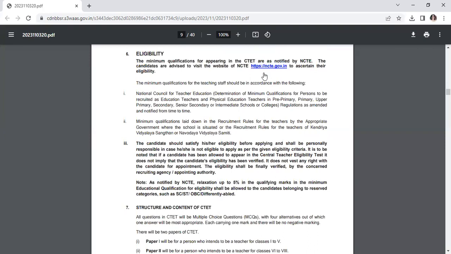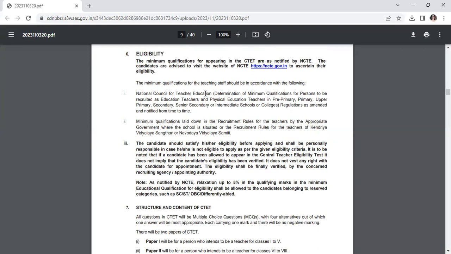Now, what is the eligibility? The minimum qualification for appearing in the CTET is as notified by NCTE; the candidates are advised to refer to NCTE to ascertain their eligibility.